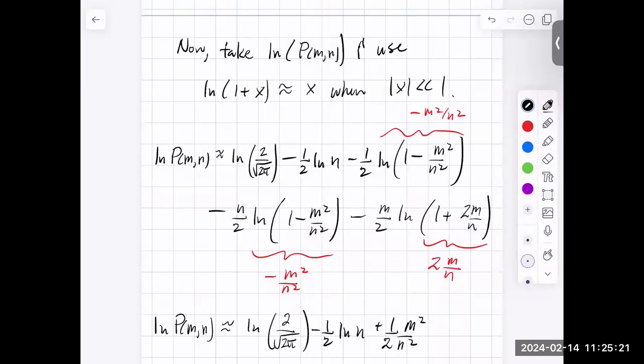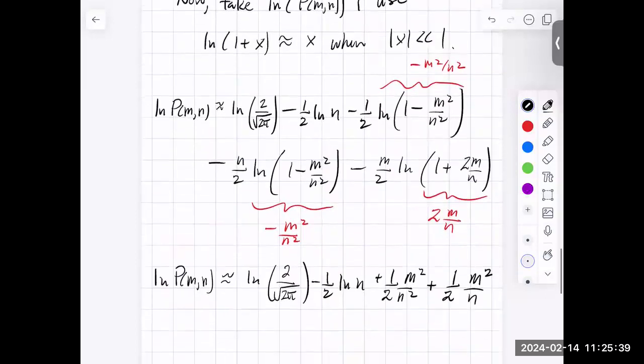Okay, then it's going to be plus 1/2. And then we have an n divided by n squared. So it's going to be plus 1/2. It should be m squared over n. Let me know if I make a mistake.